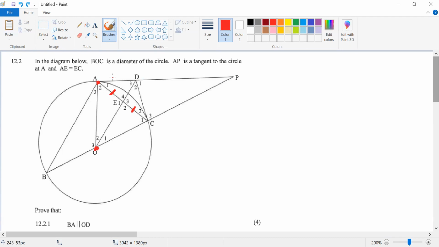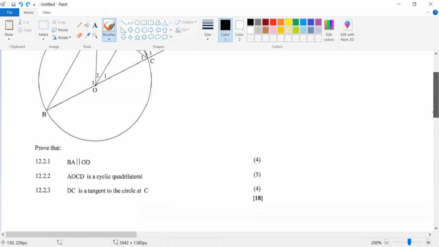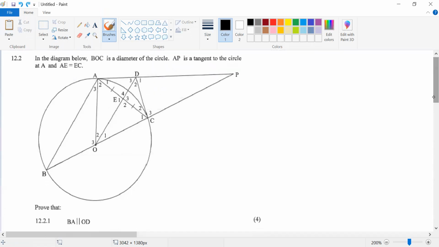And then again, something else that I know is that if I have radii, that means that this side and this side are equal because my radius is constant throughout my circle. So this might help me to be able to calculate these two angles because it's basically an isosceles triangle. But before we get ahead of ourselves, as long as we understand that these are the types of things we need to look for, let's see what the question asks of us.